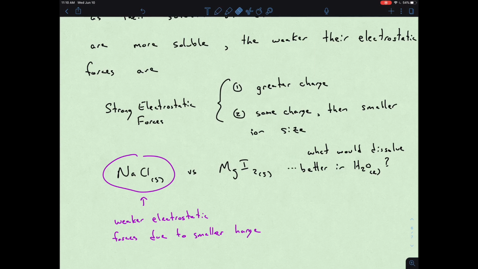In the case of sodium chloride, we really have a +1, -1 type of system, while with the magnesium, it's really a +2, -2 system, with the two iodides making each one -1. So we want weaker forces within that solid substrate so that it dissolves easier.